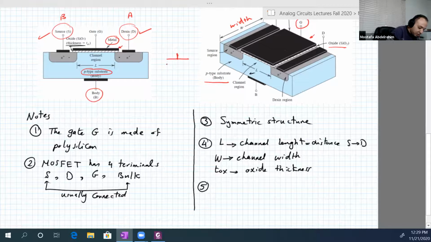Then you have the insulator, then the P-type. So you have here the gate terminal, the gate itself, insulator. Then you have the P-type. Then you have the source region and the drain region. That's it. And to differentiate between source and drain, although it doesn't matter, they usually put an arrow like this at the source.